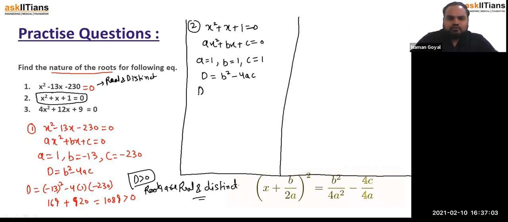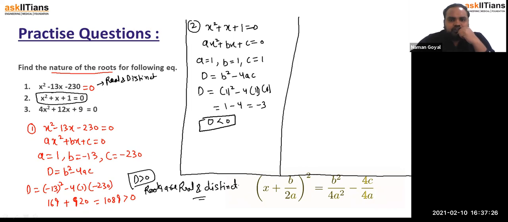So the value of D is what? B square is 1 square minus 4 into a is 1, c is also 1. Okay, so it becomes 1 minus 4, which is minus 3, right? So in this case D is negative.